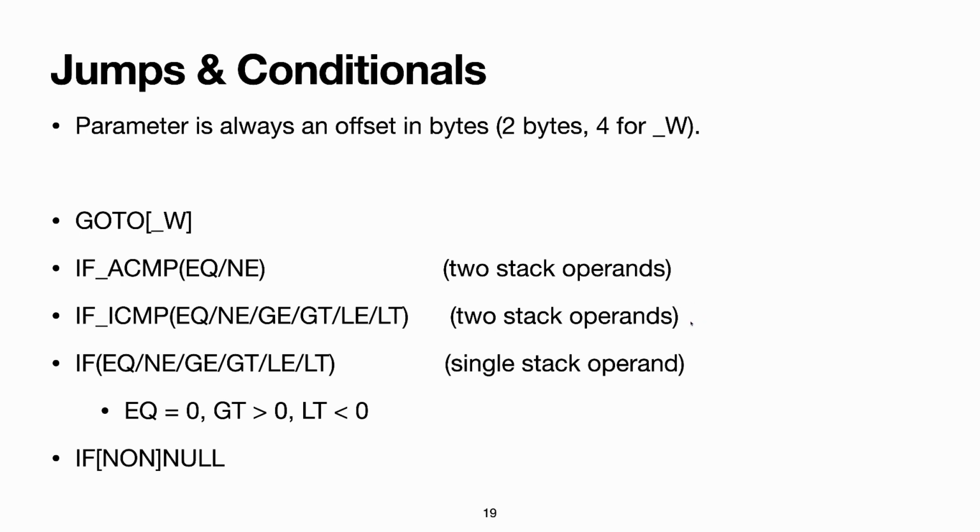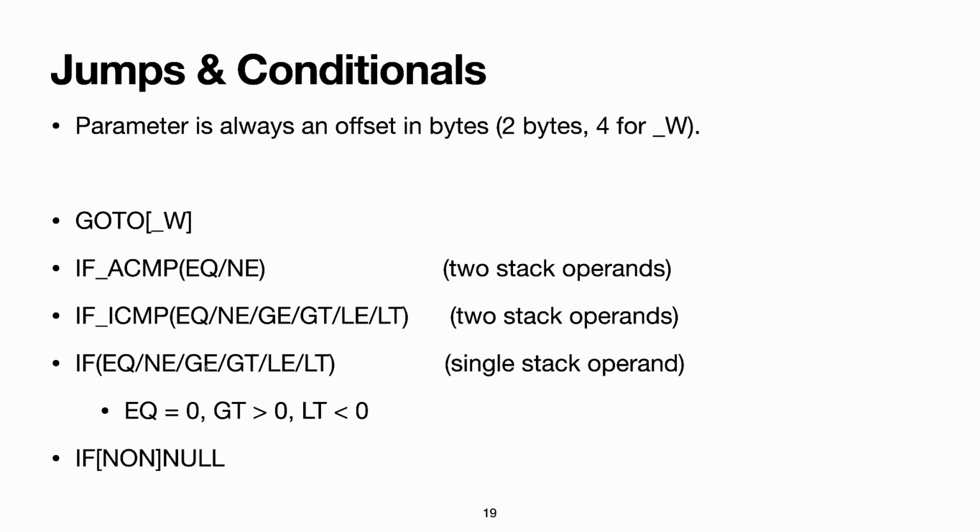Here we have exactly the same thing, but for integers. So that's dependent on the double, long, and float comparison that we saw in the previous slide, but here we also do the jump. And so we have equal, not equal, greater than, lower equal, lower than. Then there is this, which takes a single stack operand.